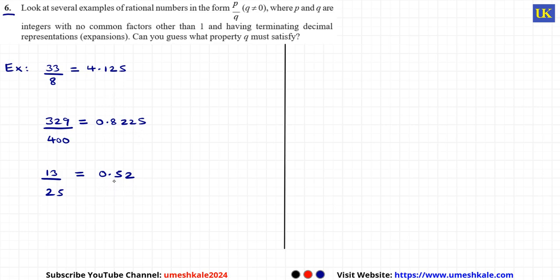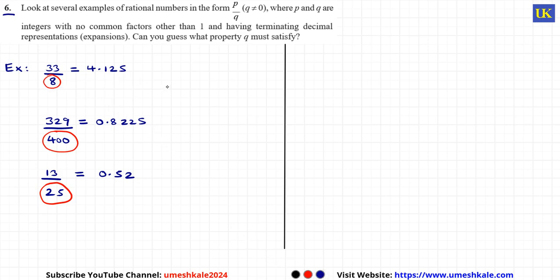For the rational numbers, what property should the denominators have to get a terminating decimal expansion, wherein the decimal expansion stops? So that is what we will understand now.